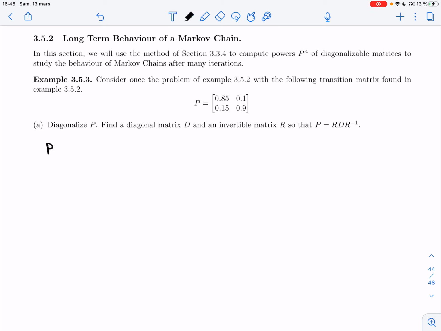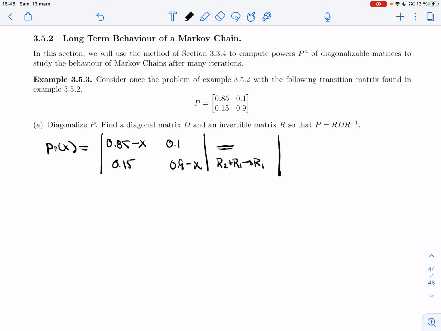All right, so I'm going to diagonalize it. That means I'm going to first find the characteristic polynomial. So 0.85 minus x, 0.1, 0.15, 0.9 minus x. Actually, there's a trick here that I like to use. We know that the sum of the entries in each column is 1. And so if I take the sum of all the rows, something nice happens. I'm going to get 1 minus x, 1 minus x, 0.15, 0.9 minus x.